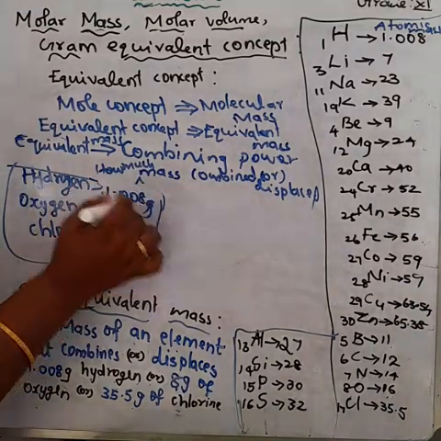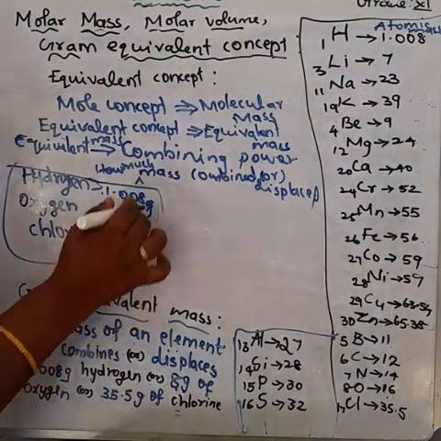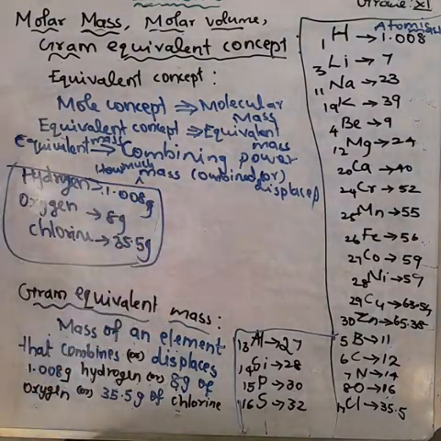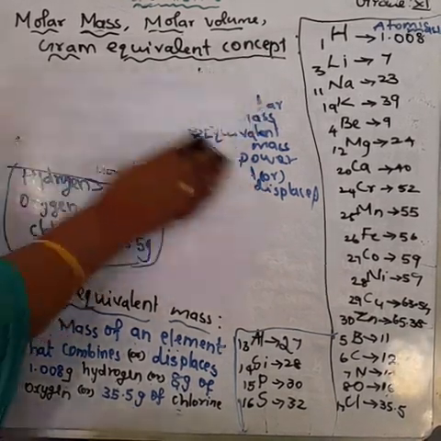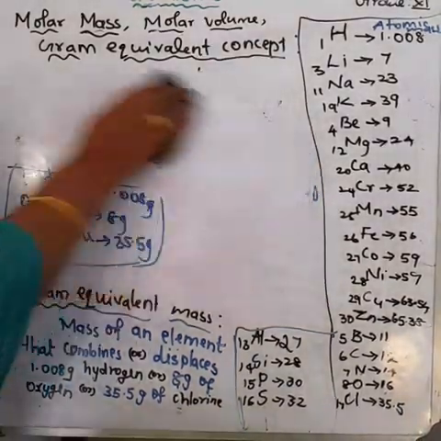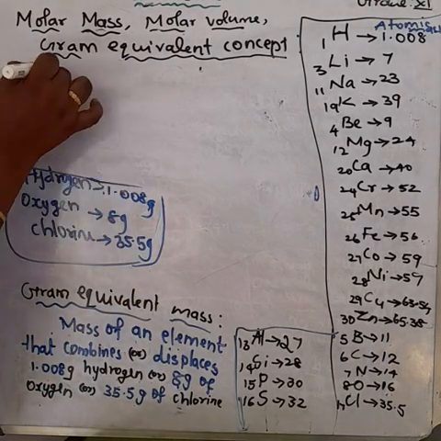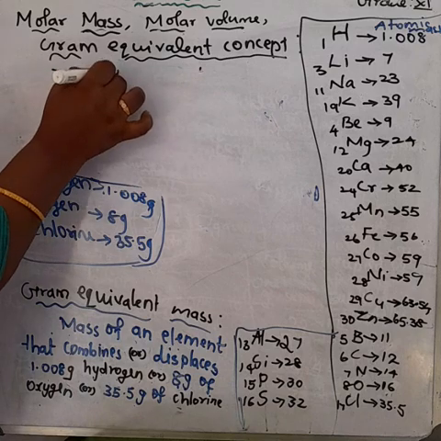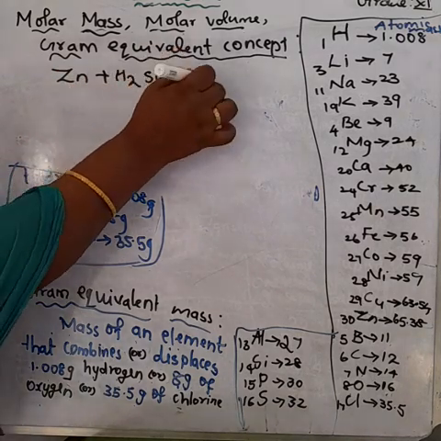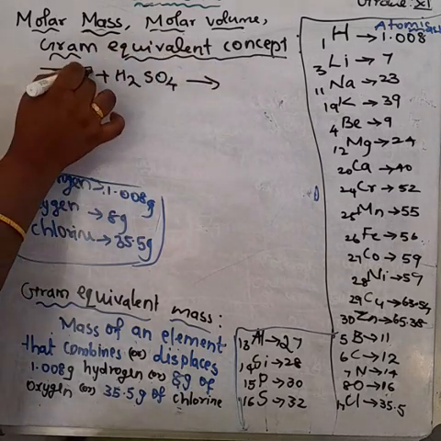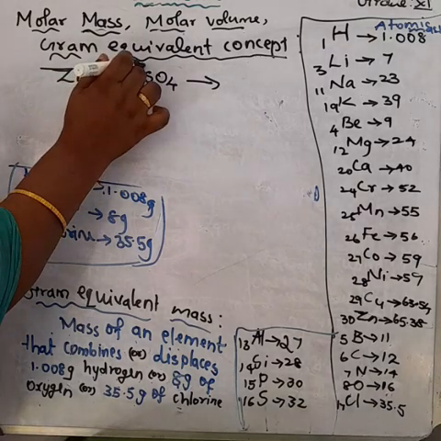Understood? So, for example, consider one equation: zinc reacts with sulfuric acid. What is the formula for sulfuric acid? H2SO4. Here the reaction takes place when you mix the zinc powder with the sulfuric acid.